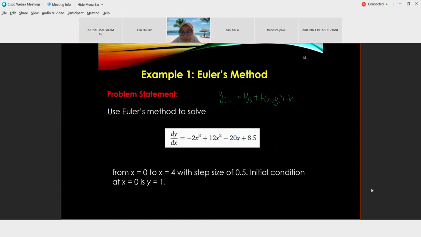F x y, f bracket x comma y. So this equation, okay, this equation is actually yang ini kan? Yang f tu. Okay, betul.